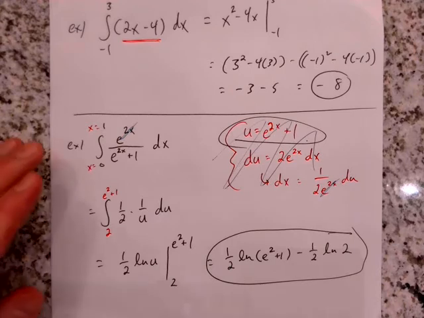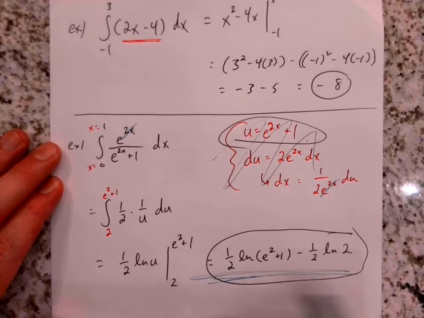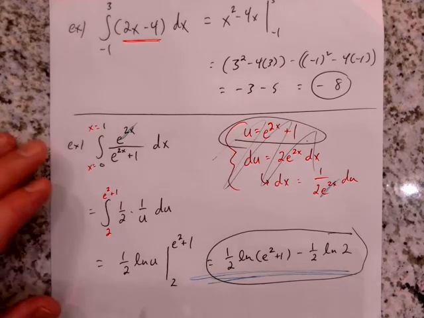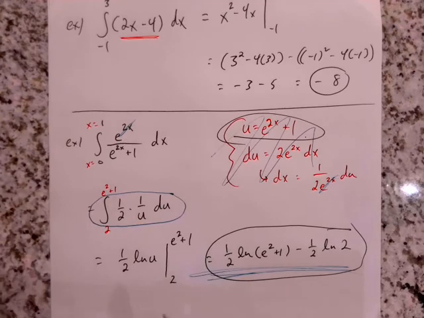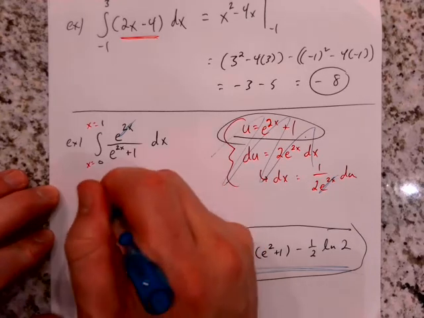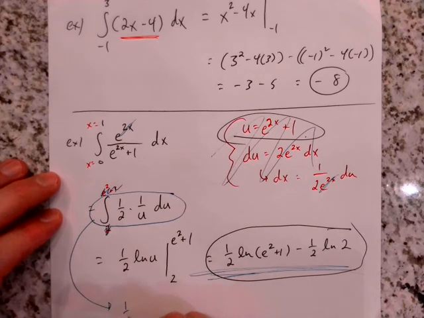The other technique, this by the way is what I almost always do. I almost always change my bounds. The other technique is when you change your variable, you pretty much ignore the bounds. And you just use this change of variables to find the antiderivative.